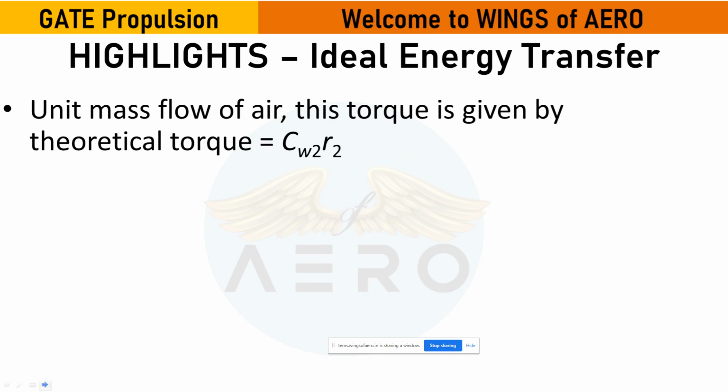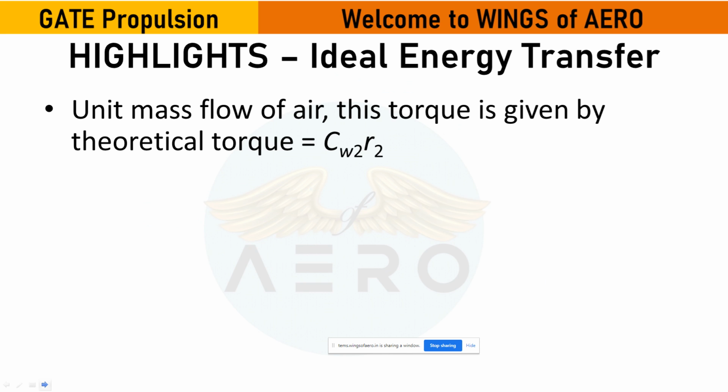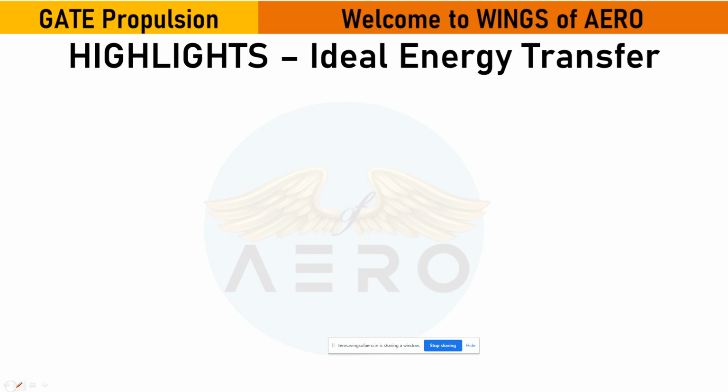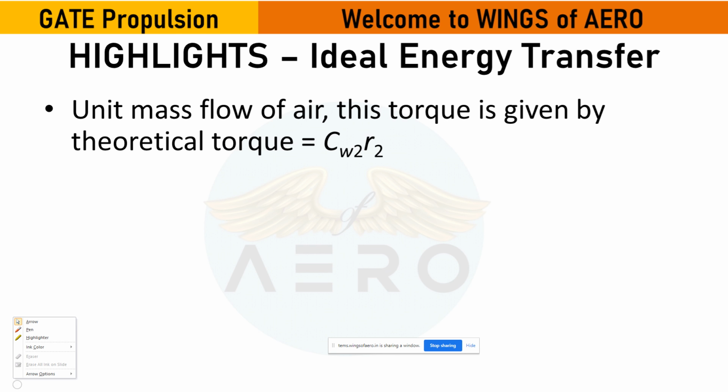Okay. Now we will see some of the very important highlights. We will see these formulas, which will be helpful for doing the calculations. So note down this formula for a unit mass of air with a torque.